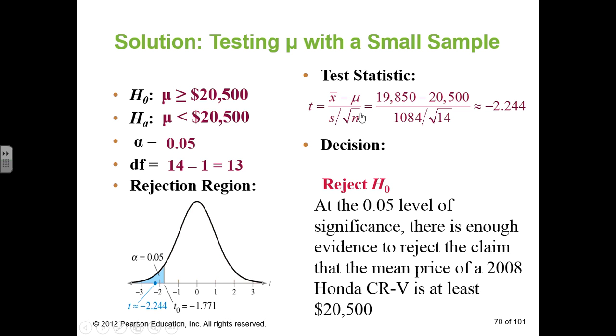We calculate the test statistic, sample mean minus claimed value divided by standard deviation, and that's divided by the square root of the sample size, and get -2.244, which is inside the rejection region. Thus, we reject the null hypothesis, and at the 5% significance level, we say there is enough evidence to reject the claim that the mean price is at least $20,500.